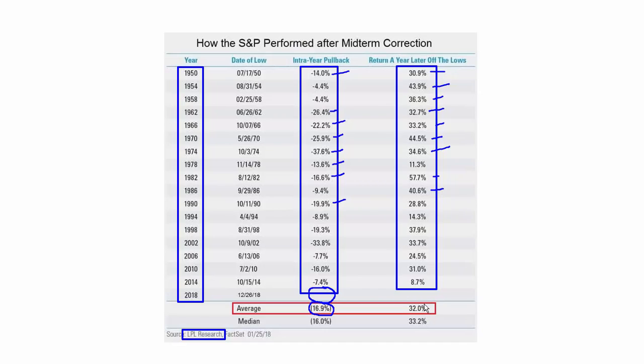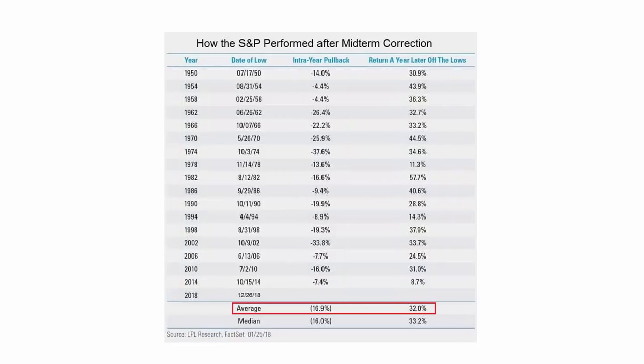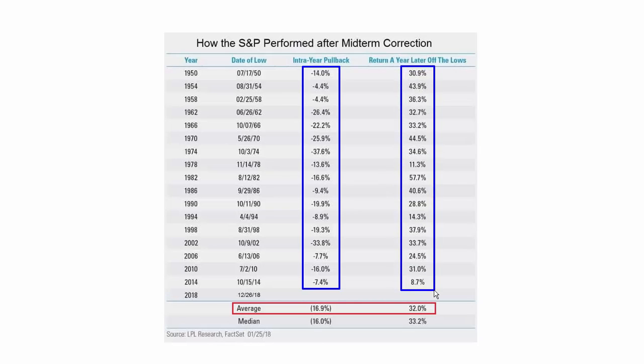The average one-year gain off the midterm election low is 32%. So we tend to get a pretty sizable correction during midterm election years, but we tend to get a gigantic move off that low.